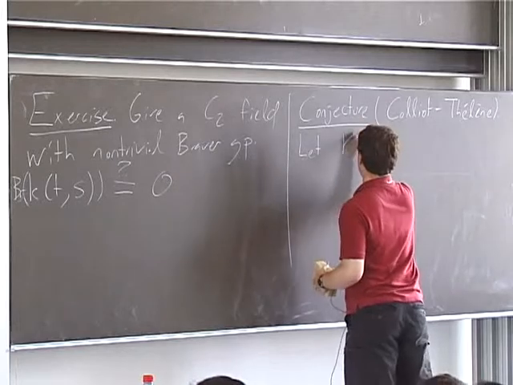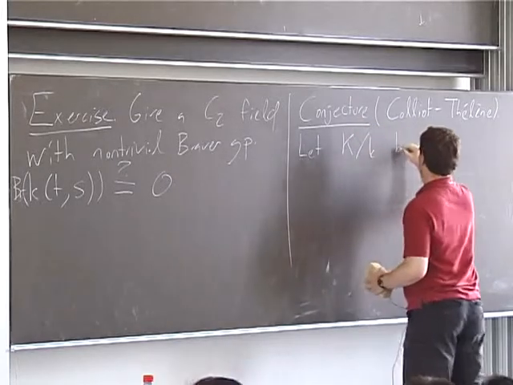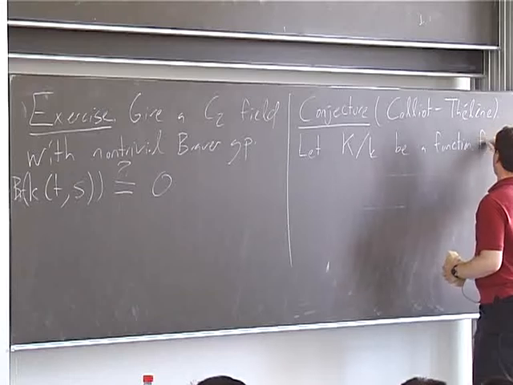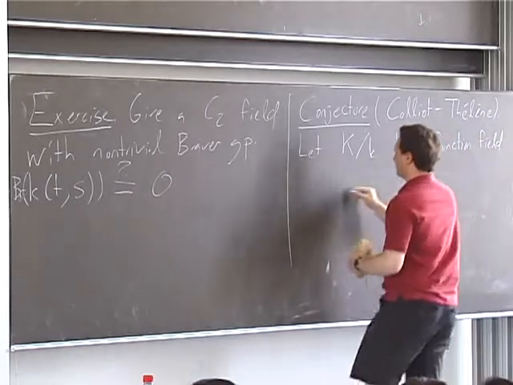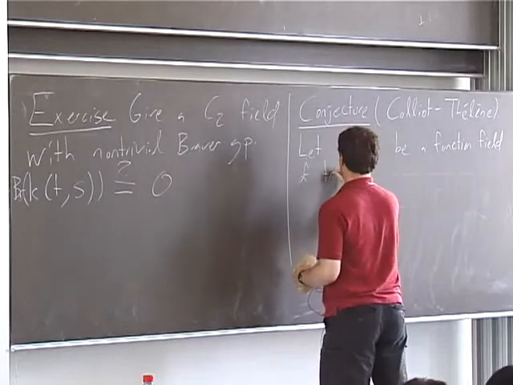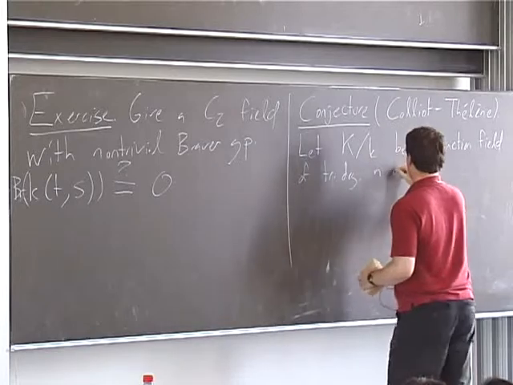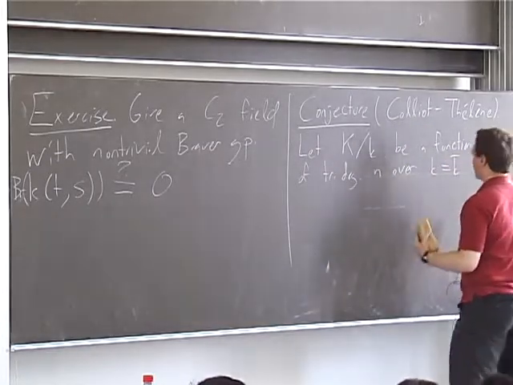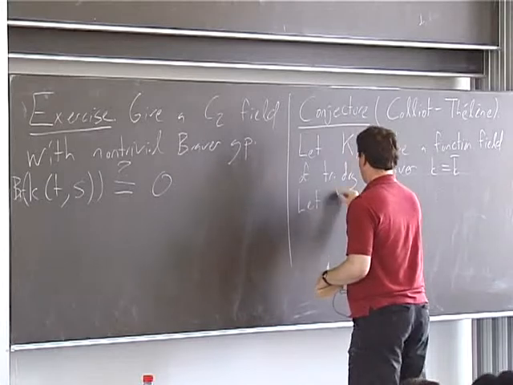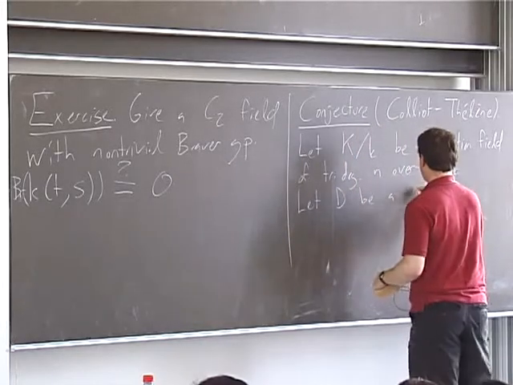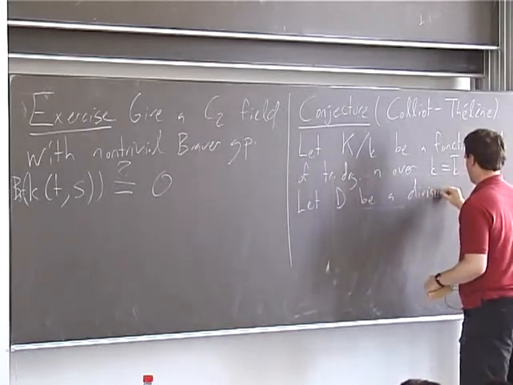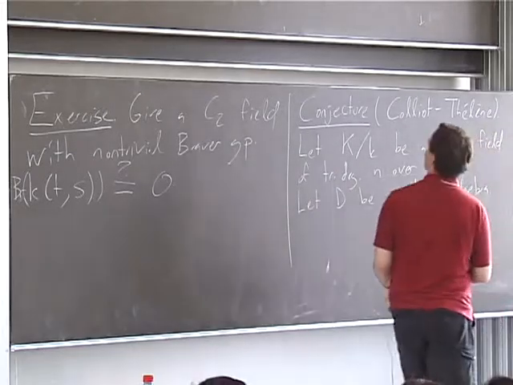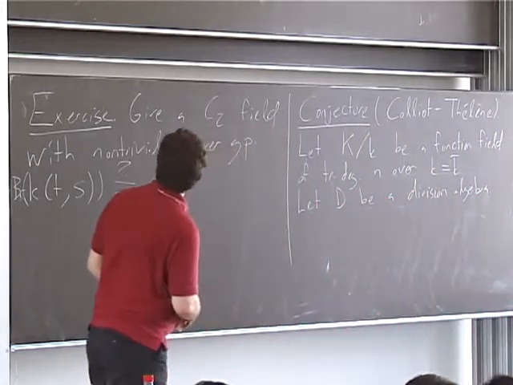Let K over little k be a function field of transcendence degree n over an algebraically closed field. And let D be a division algebra. There are these two invariants associated to the division algebra, which I probably erased.